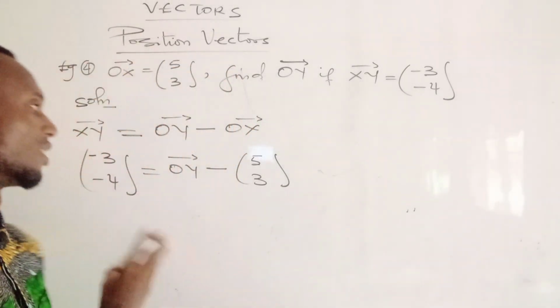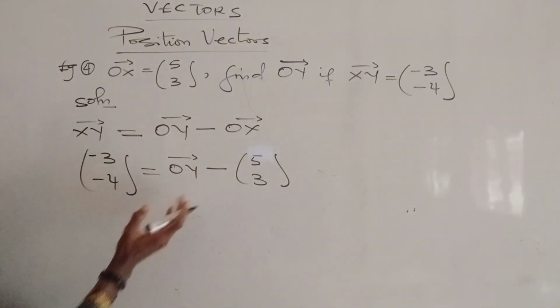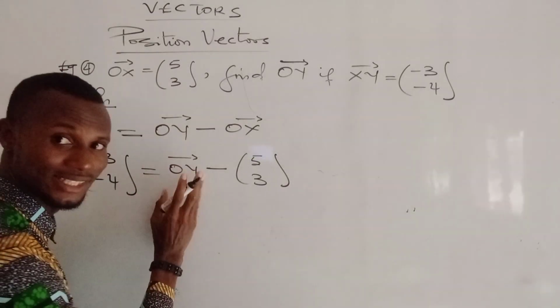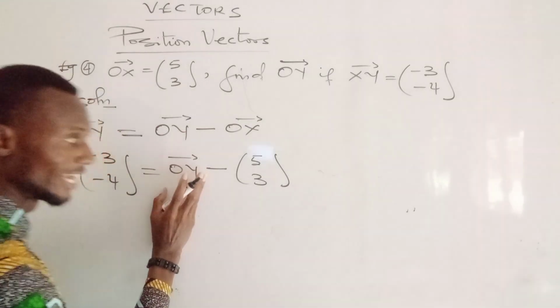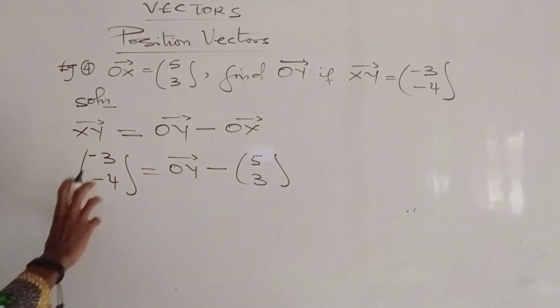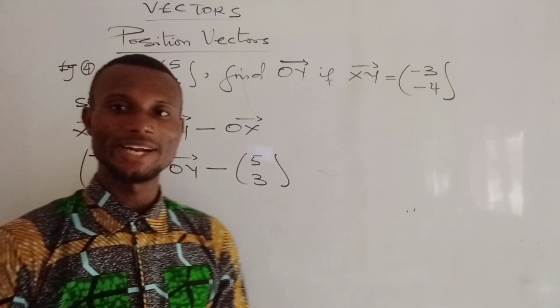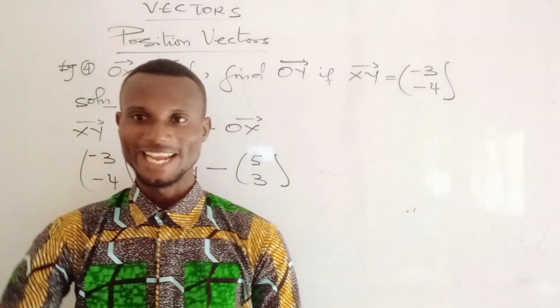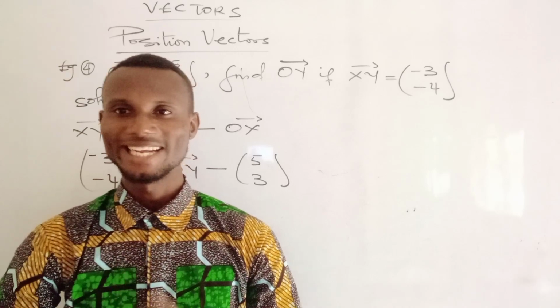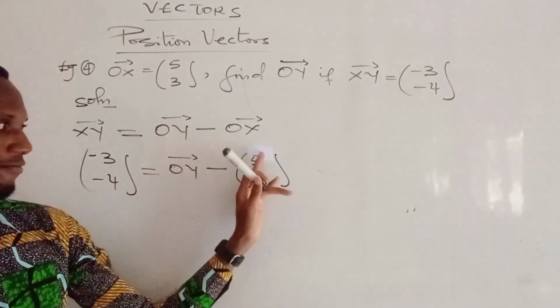So from here, we just need to make our OY the subject. OY is positive here, so let's make the OY stay here, and we'll move this 5, 3 to this side. And don't forget that when anything crosses the equal sign, the sign it has changes. So it is negative 5, 3 here.